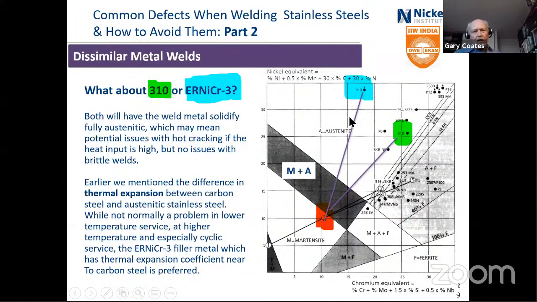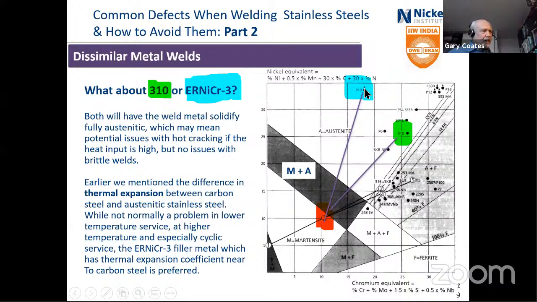Well, why would we even talk about welding with these filler metals if we're worried about hot cracking from impurities? Well, when we have high temperature service, the parts going into high temperature service, the thermal expansion coefficients of carbon steel or chrome moly carbon steels are very different than 304L, 316L. And here this particular nickel-based filler metal is commonly used.